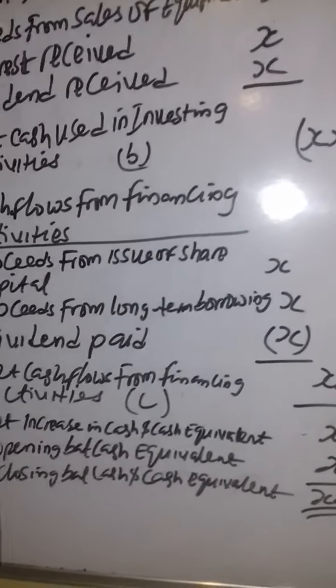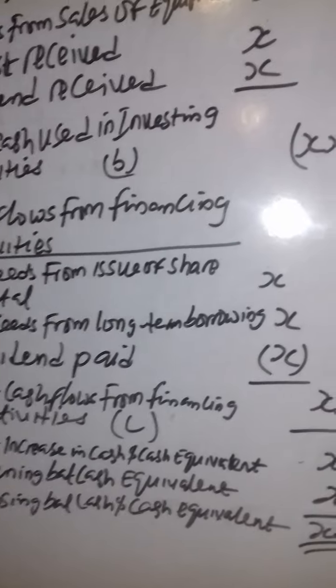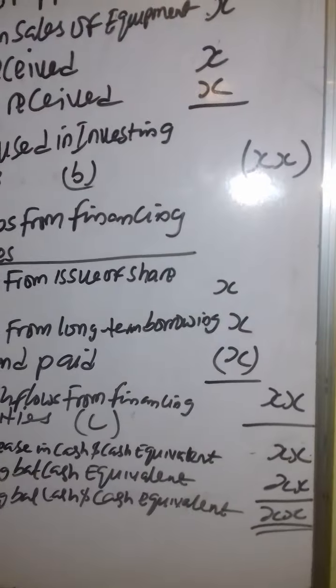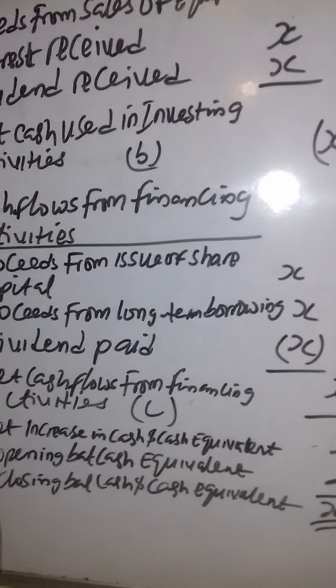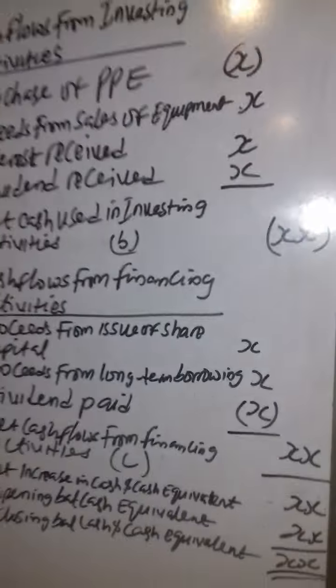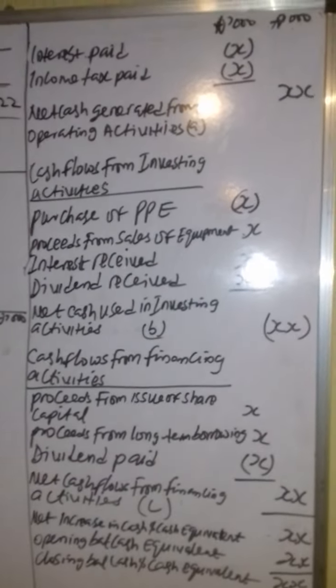Are we together? The opening balance of cash at the beginning of the year, from the statement of financial position of the previous period, will be added up, and that will give you a closing balance, which is cash and cash equivalents at the end of the period. And that's what you will find in your statement of financial position.